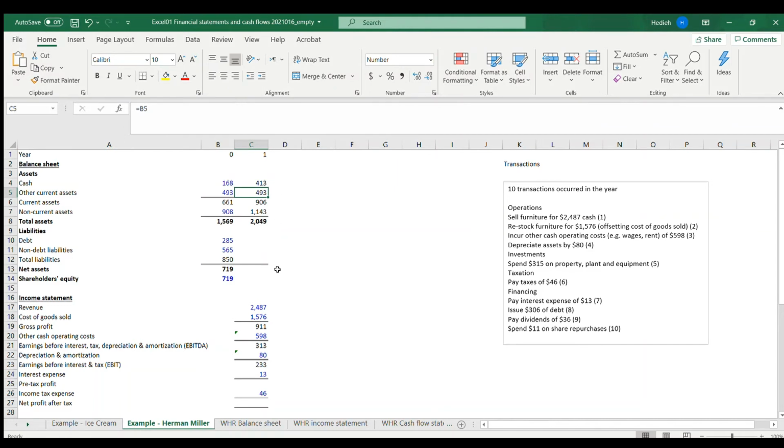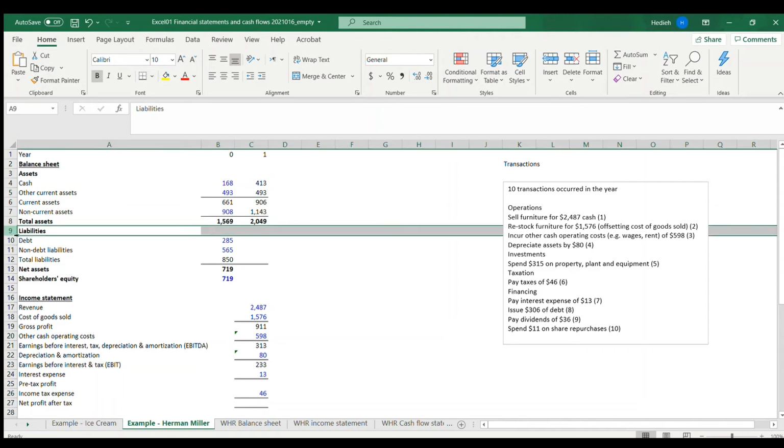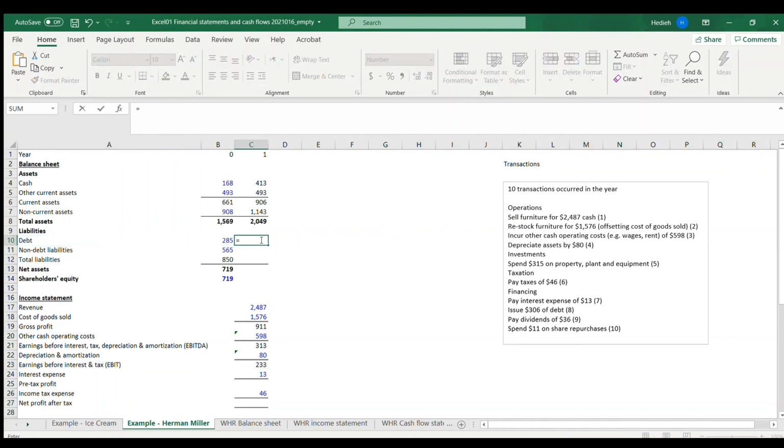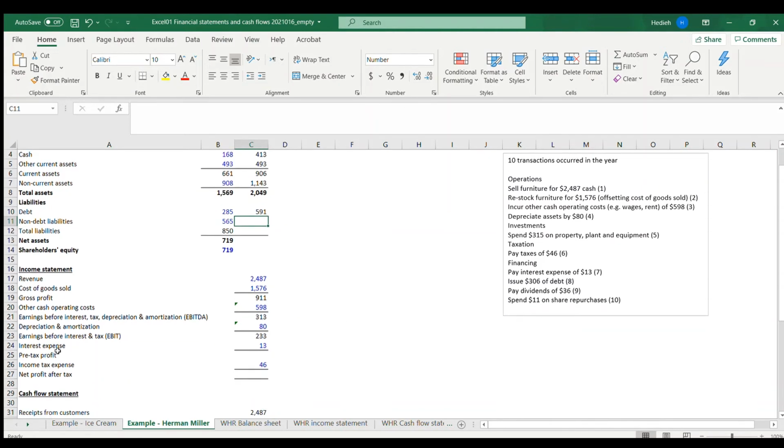And this shows that the amount of debt in the company has increased. So on the section of the balance sheet that is related to liabilities, you should go to the section that is debt and you should increase the amount of your debt by $306. Okay, financing capital through debt doesn't affect the income statement.